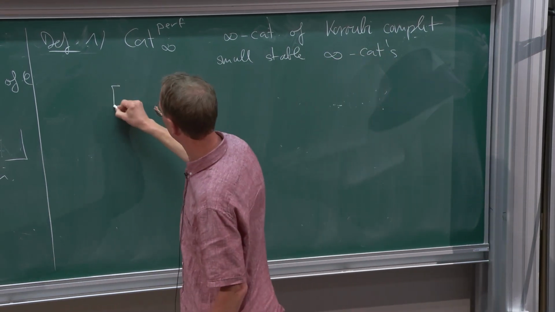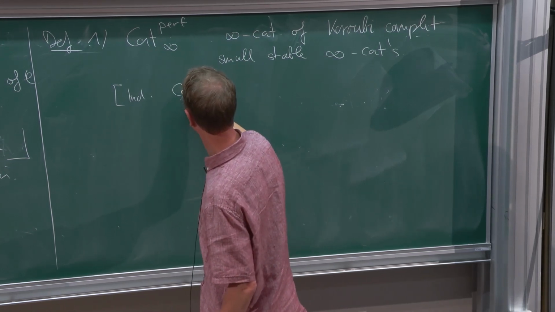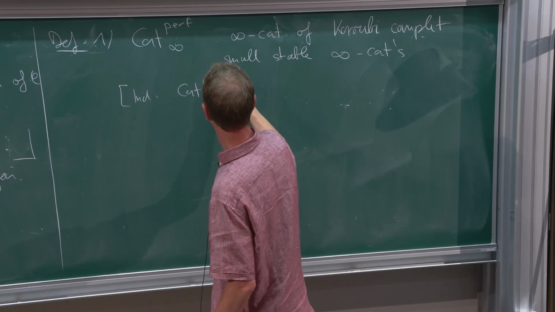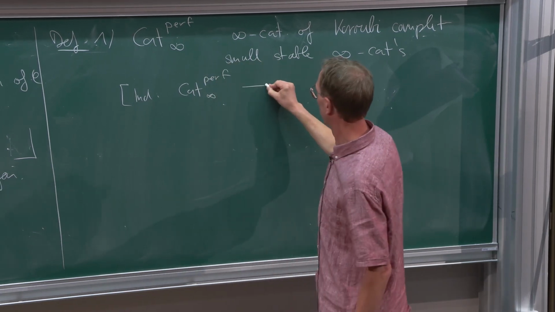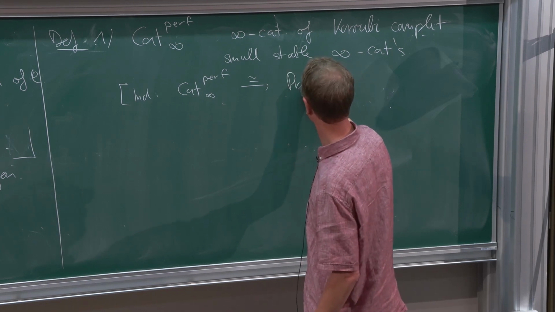And just as a remark here, the Ind-completion gives an equivalence of Cat^perf with this category of compactly generated stable infinity categories.